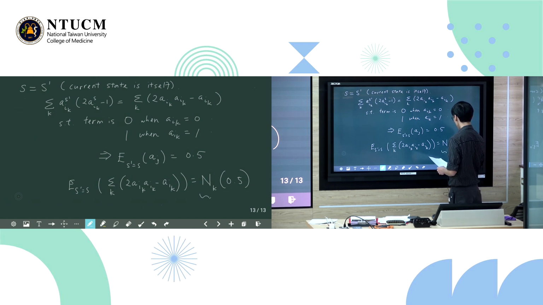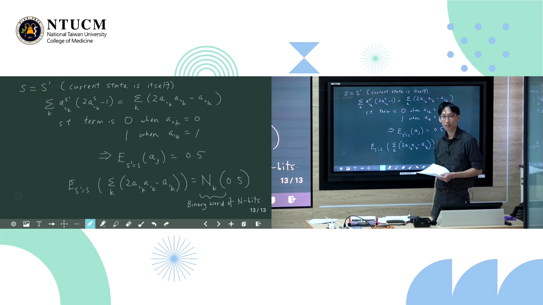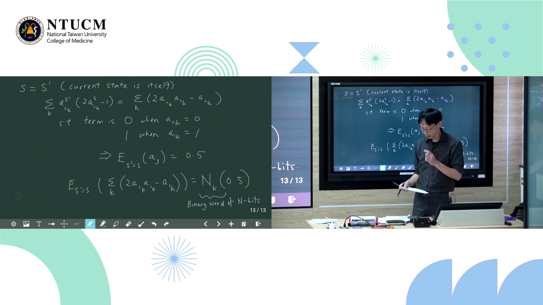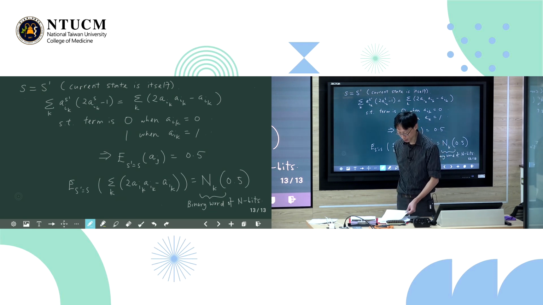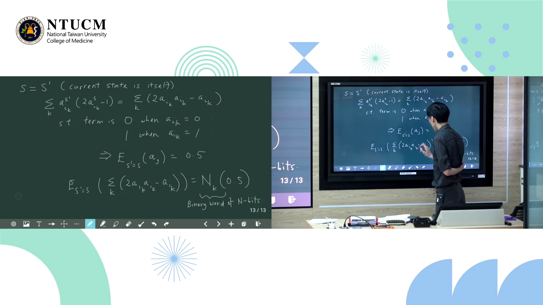This suggests this is a binary word of n bits. That's what this means. Okay, if you work it out, you see that. Oh, sorry, I was wrong here. Not quite yet. This is not AI yet. I jumped too fast.